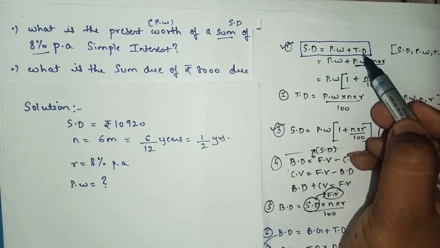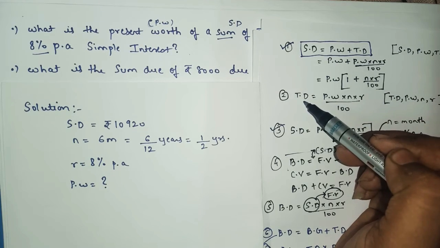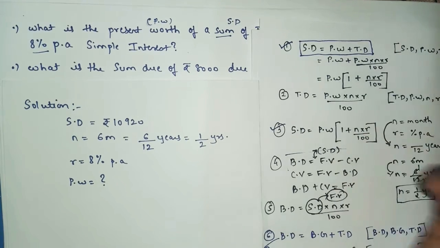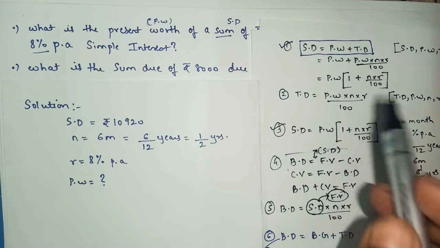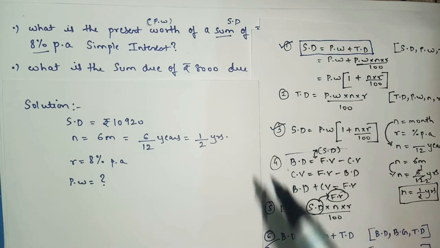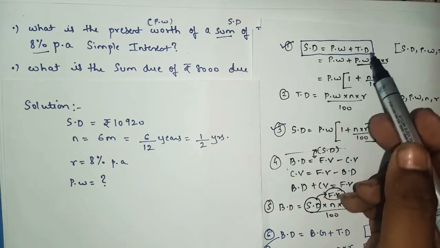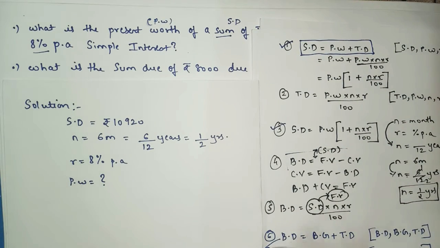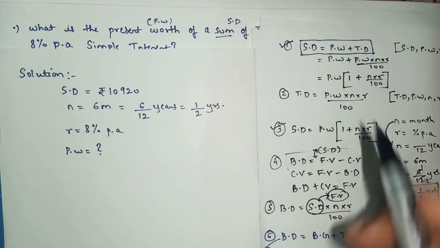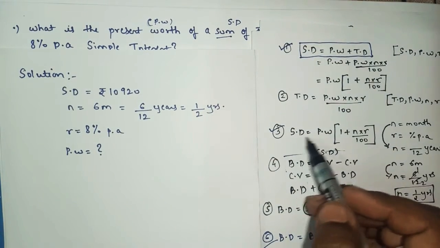We first require the TD value, so you will apply the formula of TD, then substitute the value of TD, and only then will you get the answer. But we don't have the value of TD. At a time, at most we can find only one answer; we cannot find two answers at a time. So the best solution for this sum is to apply this formula instead of the first formula.